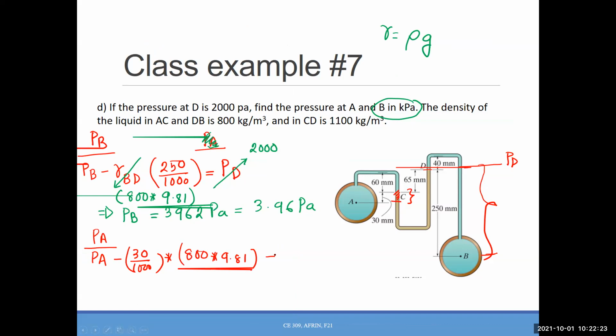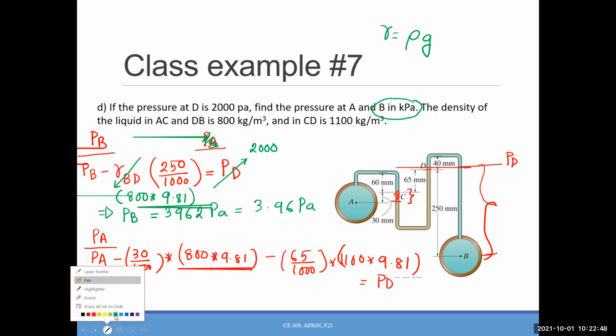And from C, where is the next interface? D. And at D, again, it's above point C, so it will be 65/1000. And that equals PD, right? And we know PD is 2000, okay?